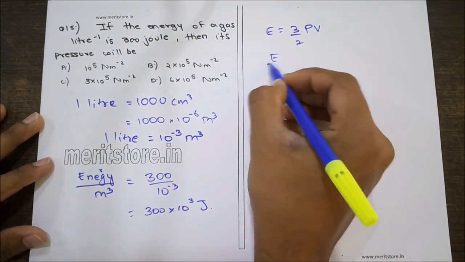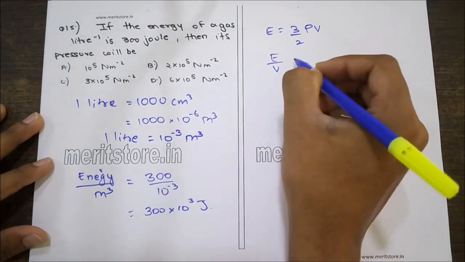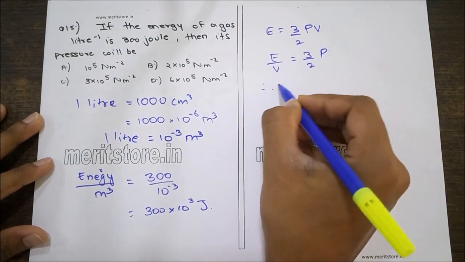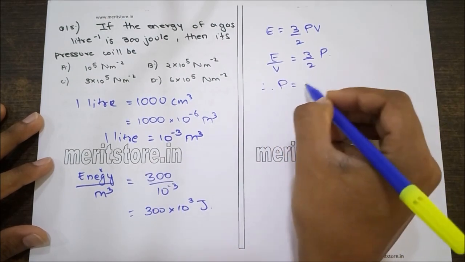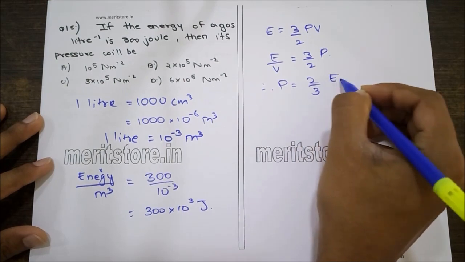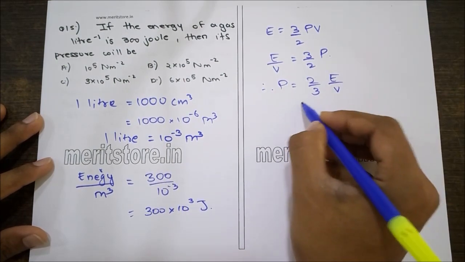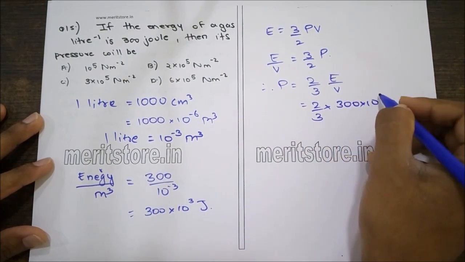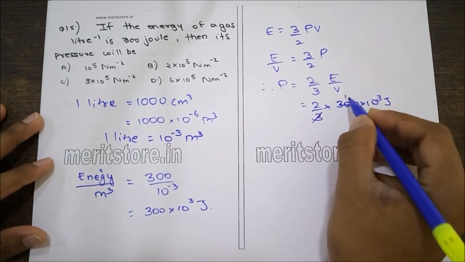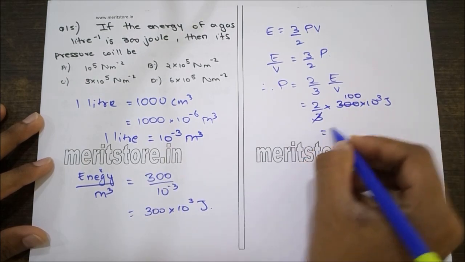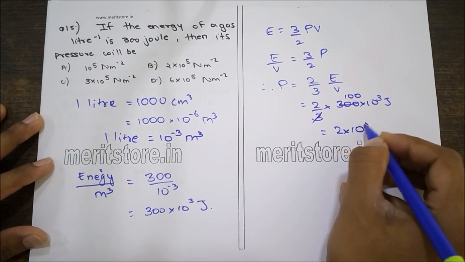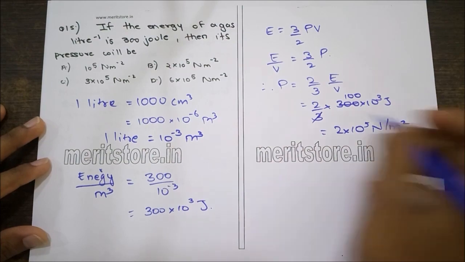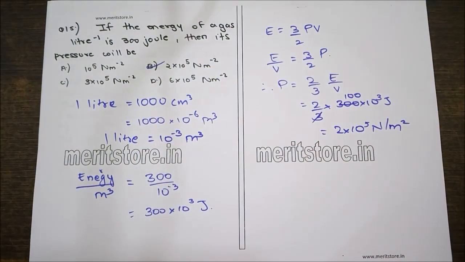So energy per unit volume, or energy per meter cube, is 3 upon 2 P. Since we want to find the pressure, P is equal to 2 by 3 times energy per unit volume, that is 2 upon 3 into 300 into 10 raised to 3 joules. So this gets cancelled, and what we are left with is 2 into 10 raised to 5 Newton per meter square. Joules per meter cube can be written as Newtons per meter square. Hence option B is the correct answer.